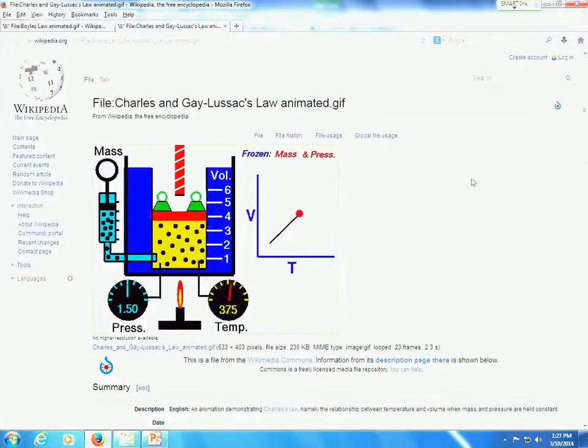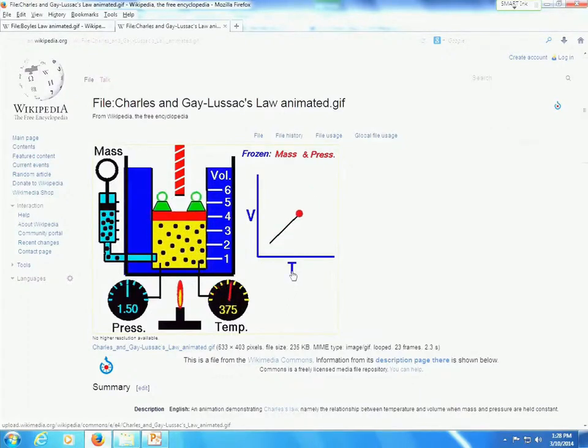The next animation that's on Wikipedia is this Charles' law. The idea here is you're keeping pressure constant as well as the number of moles. Notice here that the pressure is constant, that's kind of designated by these 2 weights. But the temperature is what's changing, as you apply heat, these molecules get more and more energetic, and they can actually push those weights up, increase their volume, and therefore volume is related to temperature.